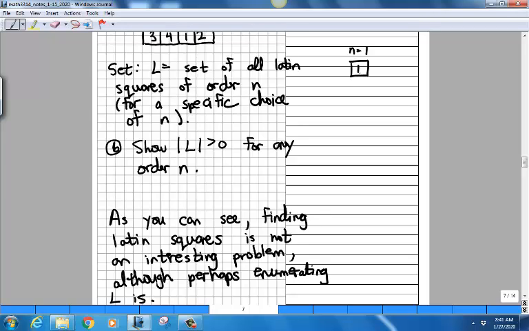You might try building one for 2 by 2. That can't be too hard either, if one exists. And then maybe slightly trickier is 3 by 3. So just try creating a 2 by 2, that will be easy, or a 3 by 3 Latin square.